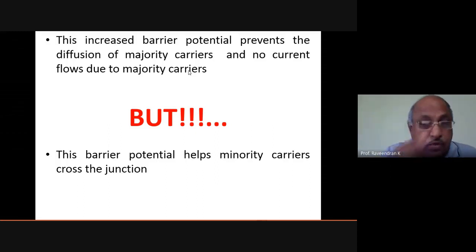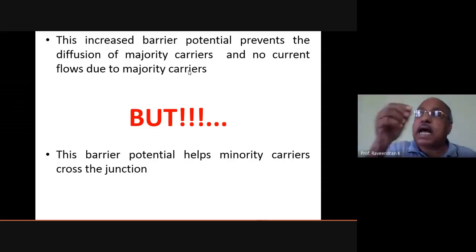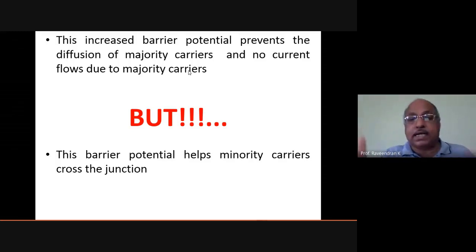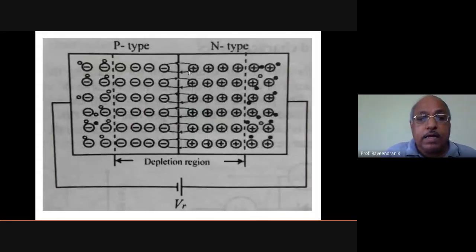The only current flow is due to the minority carriers, that is, the very small number of thermally generated electrons and the barrier potential created. Those electrons are called minority carrier electrons, and they set up a current across the junction called leakage current.